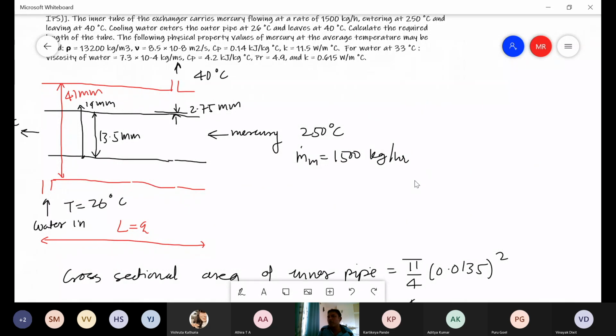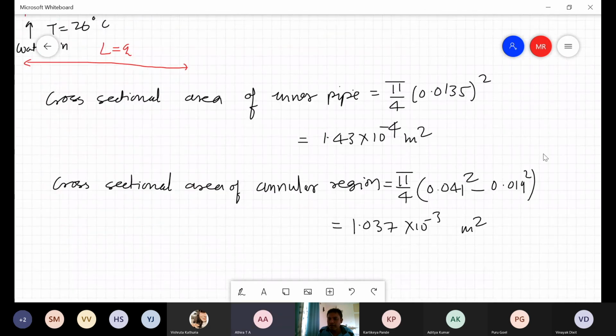If you divide it by the cross-sectional area, what we are going to get is a mass flux in kg per meter square second. That is nothing but velocity into density, isn't it? So in a Reynolds number, we wanted to calculate d v rho by mu, isn't it? So v and rho you can directly get if you divide this mass flow rate by area. Okay, so that is why we have calculated the cross-sectional area in the first place.